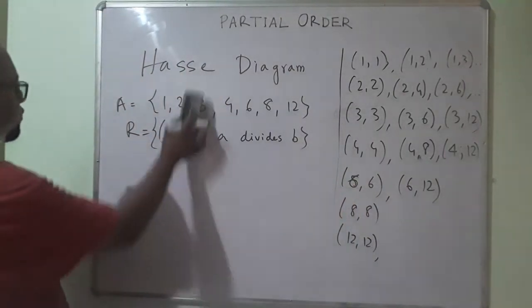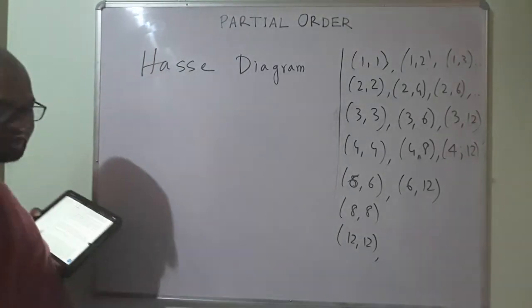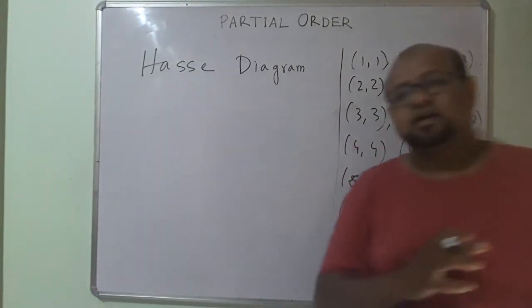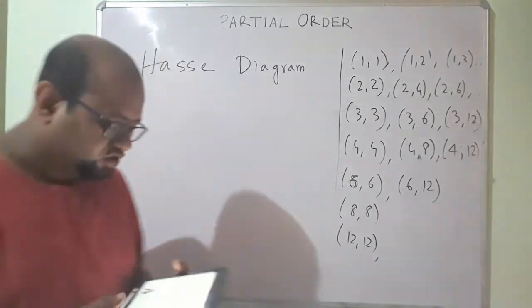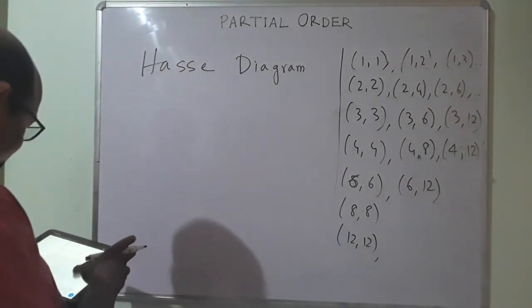Okay. Now what will happen? We can draw a diagram to represent this relation. We already saw that we can draw a digraph to represent a relation. So this is a digraph once again. Let us draw this.